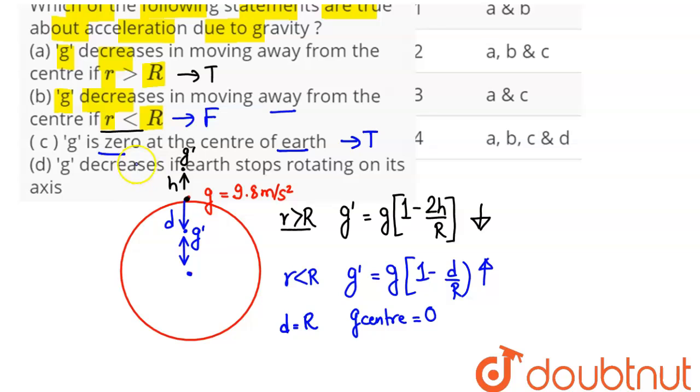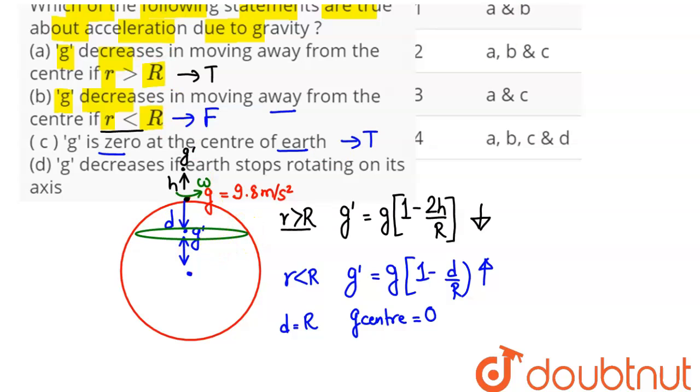Now coming to the fourth option, let's say this earth is rotating with angular velocity of omega, in the west to east direction.